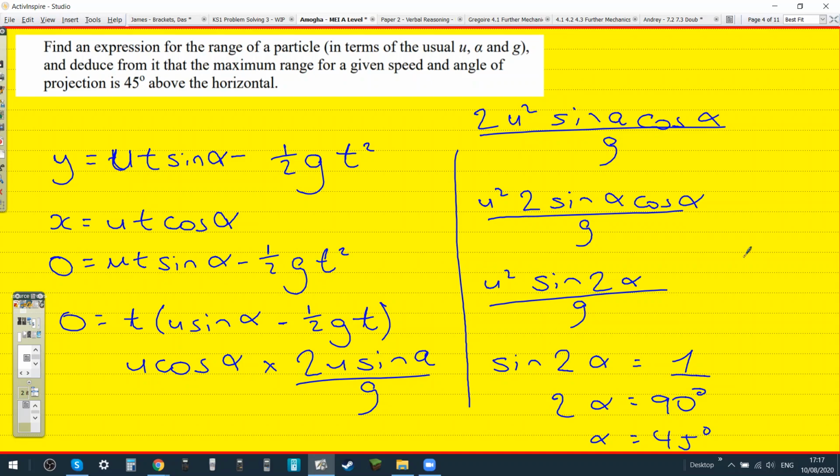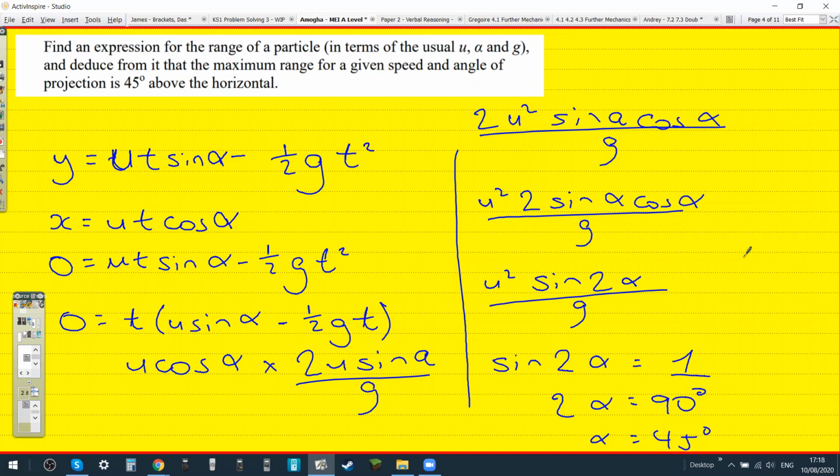Find an expression for the range of a particle. So ut, that's our formula, minus a half g t squared. X is ut cos alpha, basically minus 0. We factorize out the t.